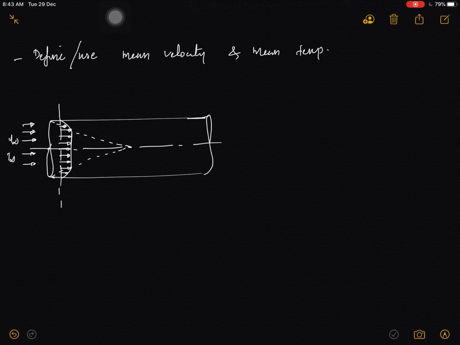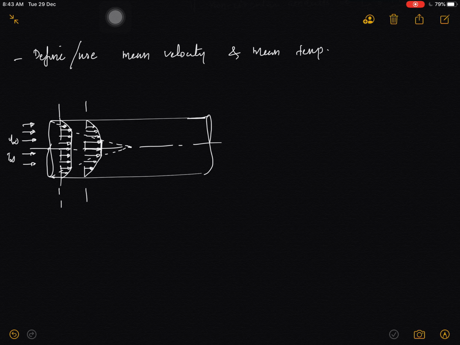Along the length of the pipe, the boundary layer generates from the top and bottom surfaces, and the velocity variation changes like this. The region with uniform velocity is reduced, and the region with velocity variation increases.